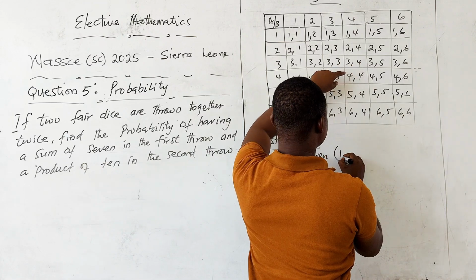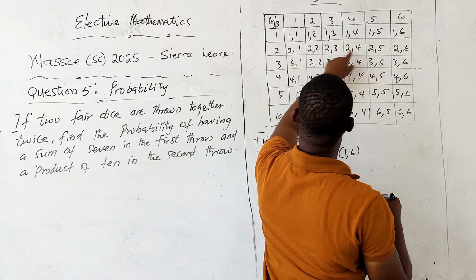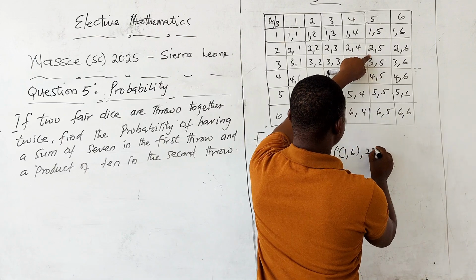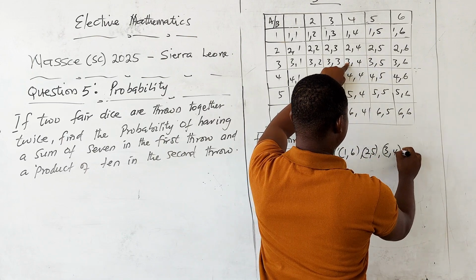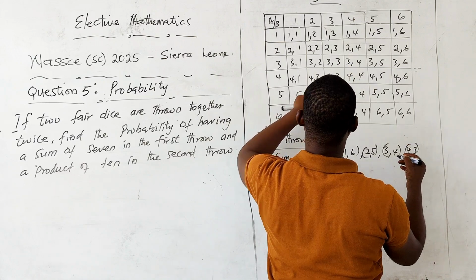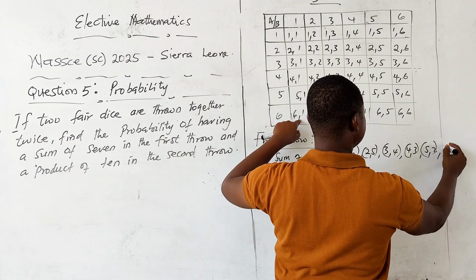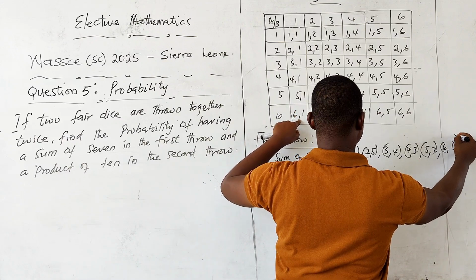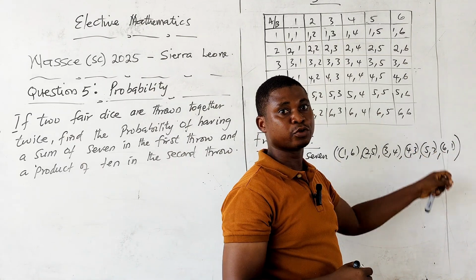So we have 1,6, 2,5, 3,4, 4,3, 5,2, then 6,1. These are the values that add up to give you 7.